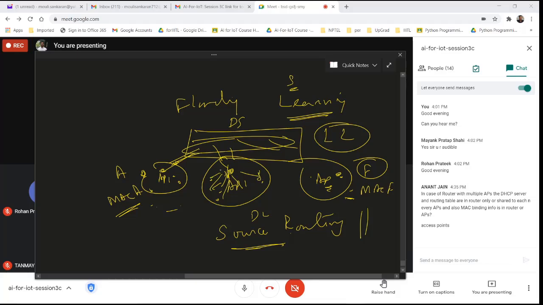So they do the flooding initially, and the learning happens when F replies back to A, then F's position will be known. Each of the devices does the learning based on the initial flooding. I forget the name of this protocol. If anybody remembers, my memory is very weak.